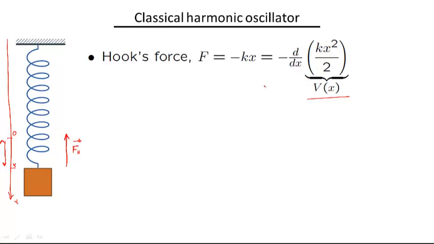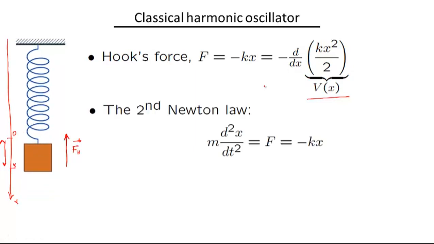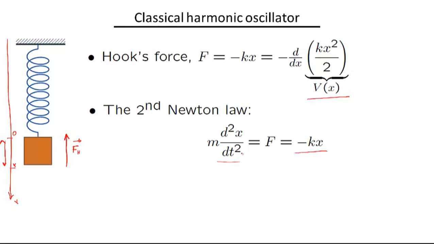Now, on the classical side, what I have to do is solve the second Newton law, which is just mass times acceleration, the second derivative of x, equal to all the forces. In this case, there is just one force, if we ignore gravity, which is not going to modify it too much.